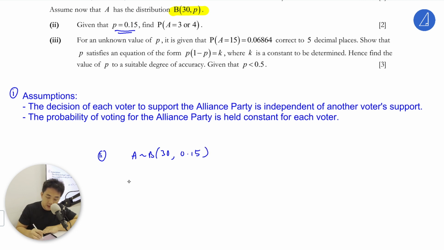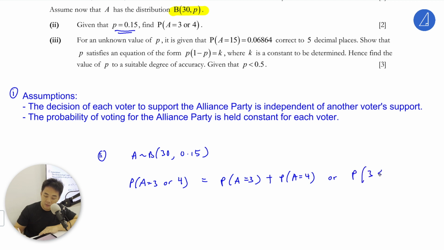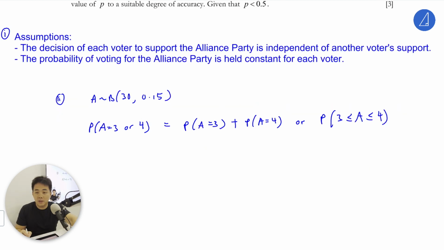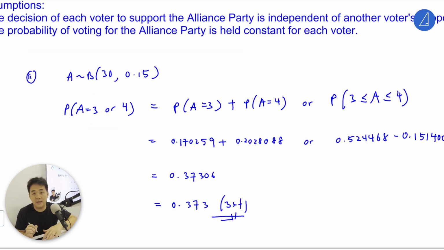So in this case, if either A equals 3 or 4, it will mean that P(A = 3) plus P(A = 4). Or you can see it as P(3 ≤ A ≤ 4). So just key into the calculator, and you get the same answer.